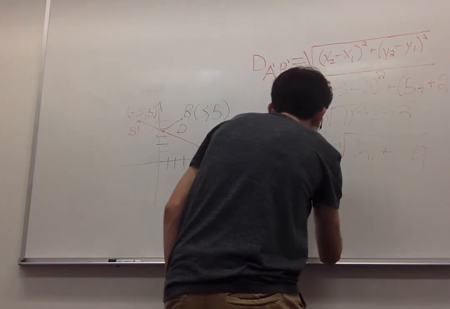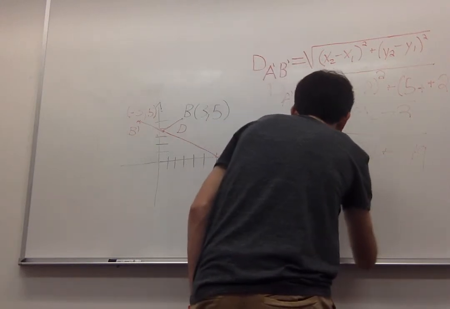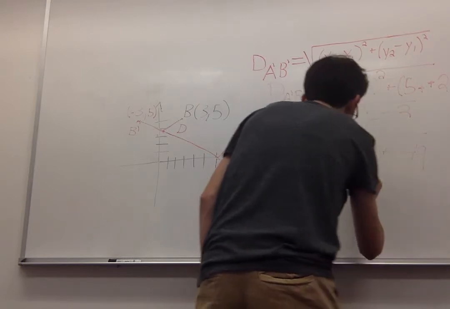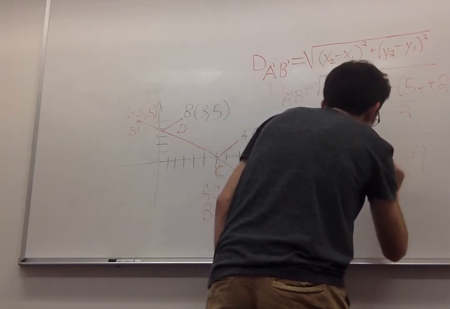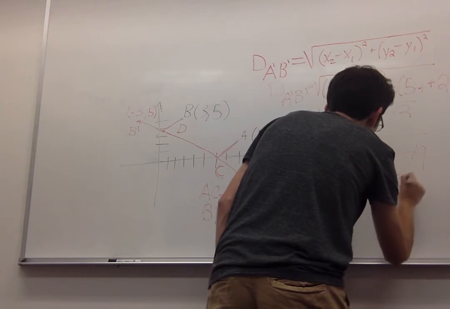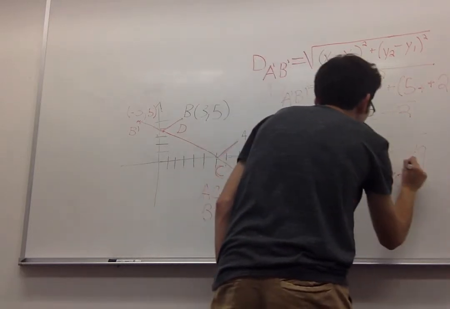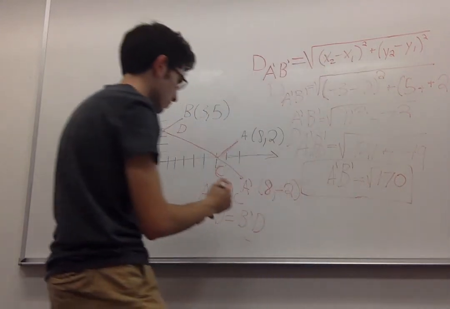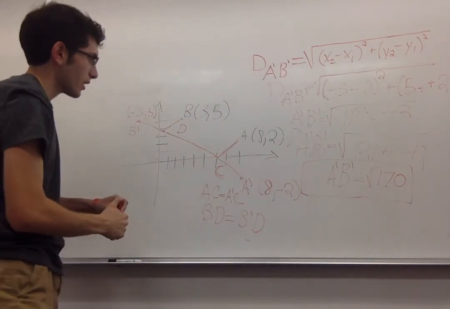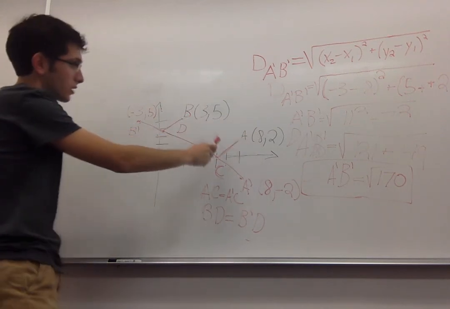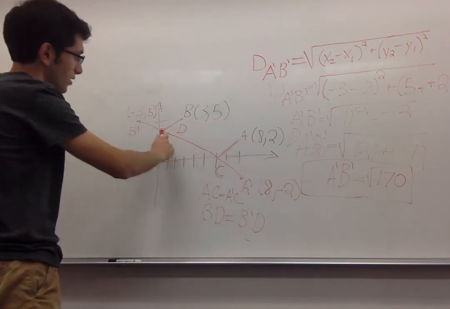So the distance of A prime and B prime is equal to the square root of 170. And that will give you the shortest path from point A to point B that also touches the x-axis and the y-axis.